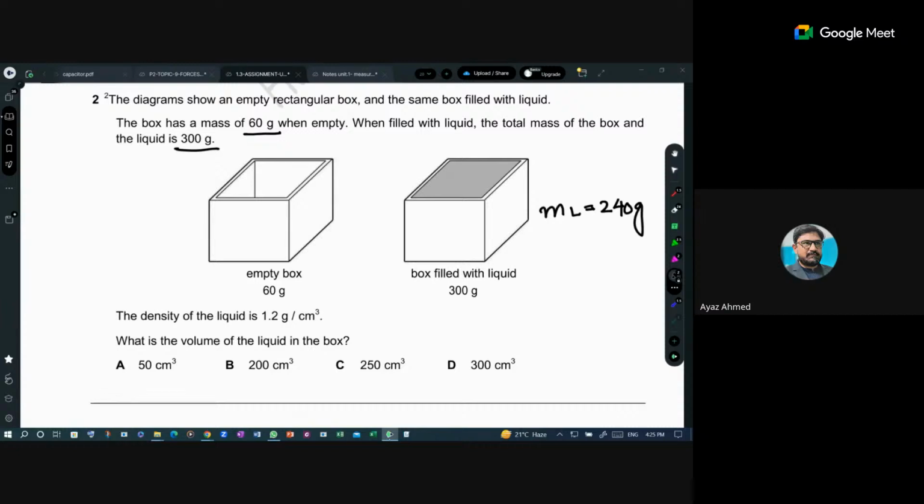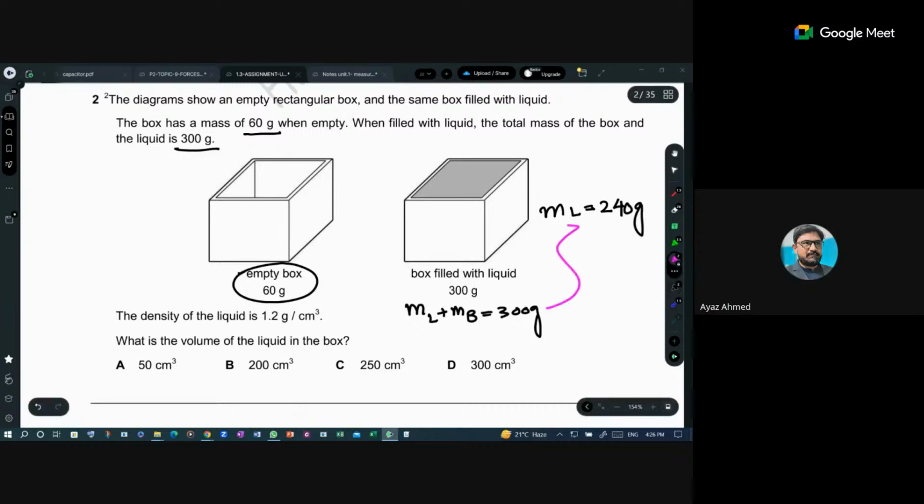Because this is the mass of the empty box, 60 gram, and this is the mass of liquid plus box, equal to 300 grams. So the mass of the liquid is 240. Are you agreed with that?